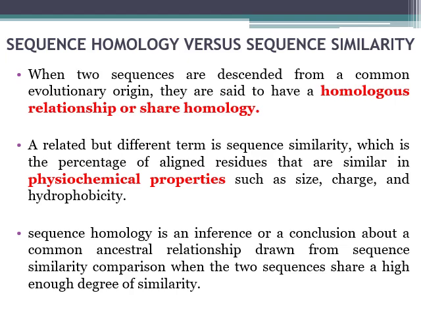A related but different term is sequence similarity, which is the percentage of aligned residues that are similar in physicochemical properties such as size, charge, and hydrophobicity. This term indicates what percentage of residues are matching or common among the two sequences.